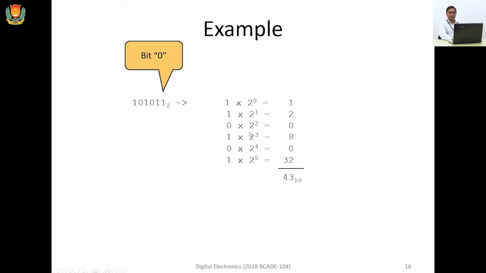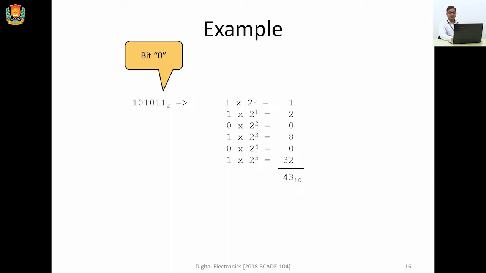Again 0 is multiplied by 2 to the power 2, that is 0, because anything multiplied by 0 is 0. The next is 2 to the power 3 into 1, the next is 2 to the power 4 into 0, the next is 2 to the power 5 into 1. And now I want to add these numbers. The total is 43. The 43 is in the decimal number system.